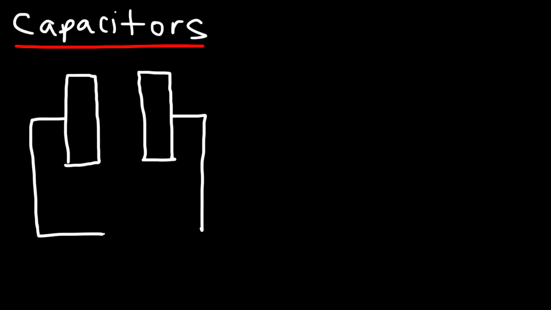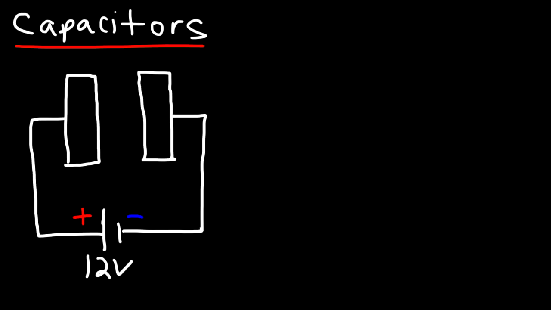Now, let's apply a voltage to this capacitor. The long side represents the positive terminal of the battery, and the short side represents the negative terminal of a battery. Let's say we're applying a 12-volt battery to this capacitor. At this moment, the capacitor is charging.